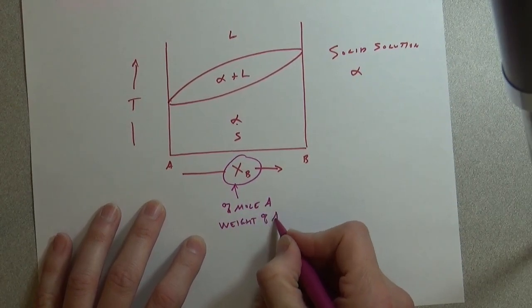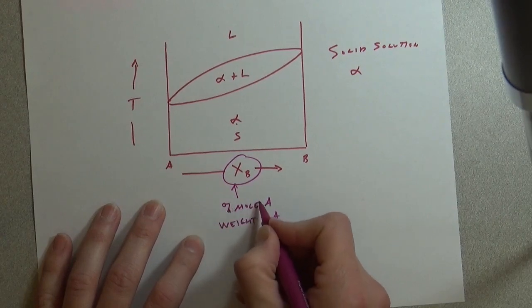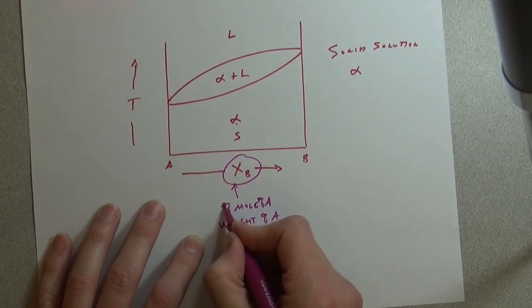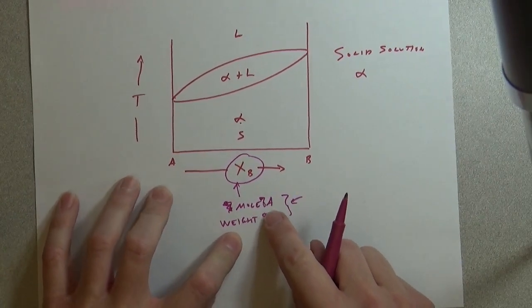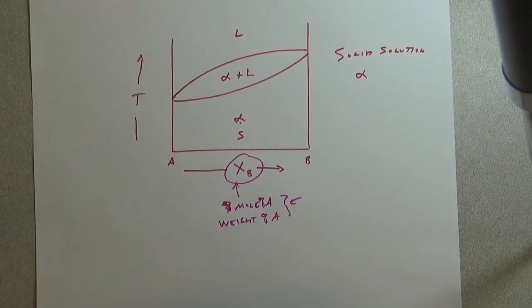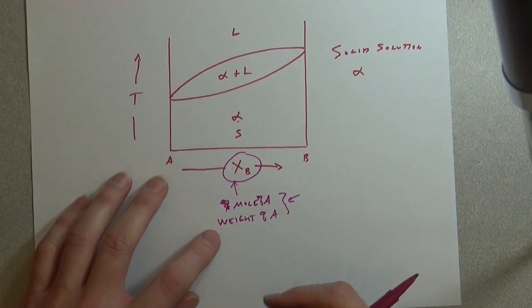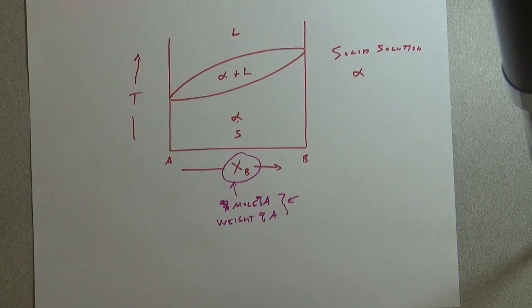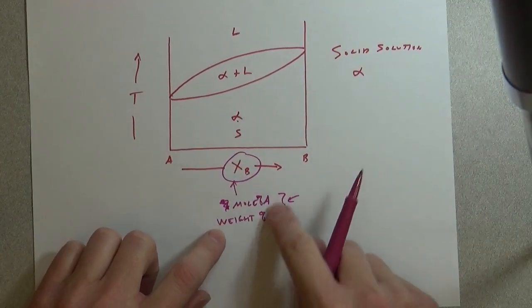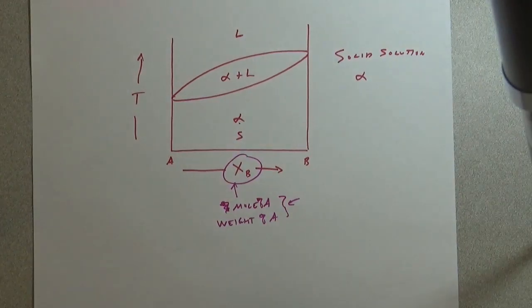Weight percent A, or mole percent A. And these two are not exactly the same. You can convert between the two if you have the atomic mass, but you can't directly read the weight off of a mole fraction phase diagram.